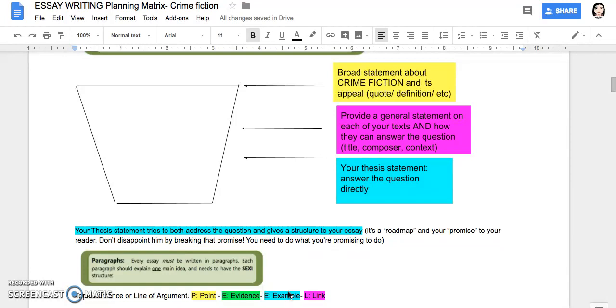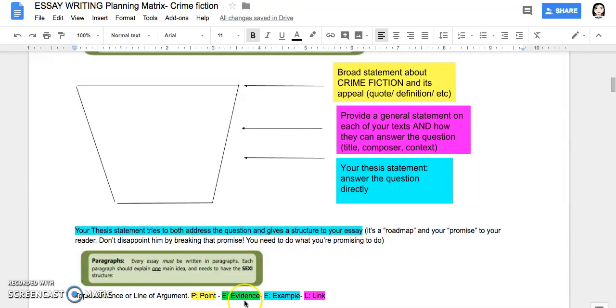I'll probably teach you that later this year or in Year 11. We use that acronym or PETAL in senior English when we're getting into the language analysis of a text. But today we are going to be using PEEL, which is the one that you're most familiar with.